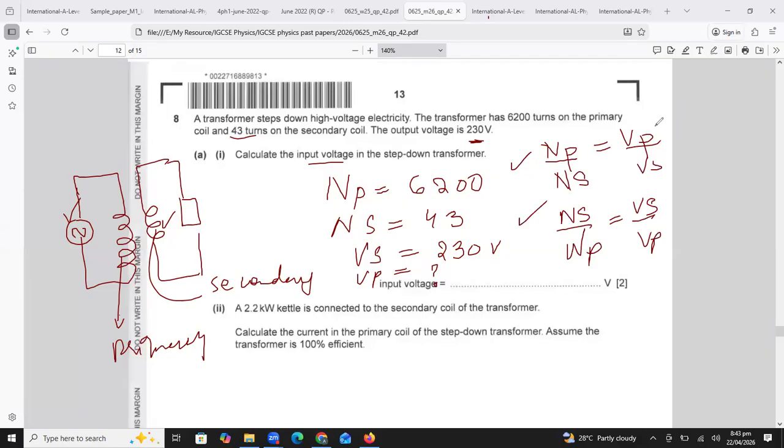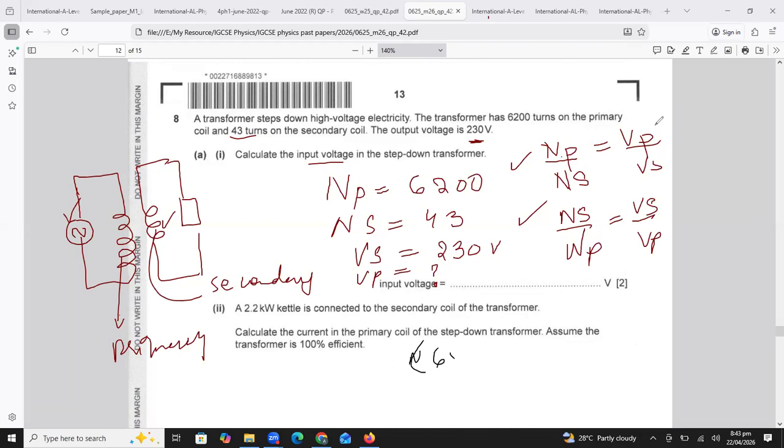Acha, so now we just have to put the values in this formula, simplify, and we will get the answer. So what we have to find, basically we have to find VP. So I'm using the first formula. First one मैं इसलिए use कर रही हूँ कि ये VP ऊपर लिखा हुआ है, ठीक है? तो NP की वैल्यू हमारे पास क्या दी हुई है?